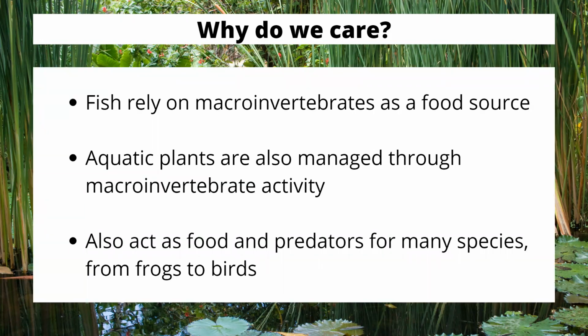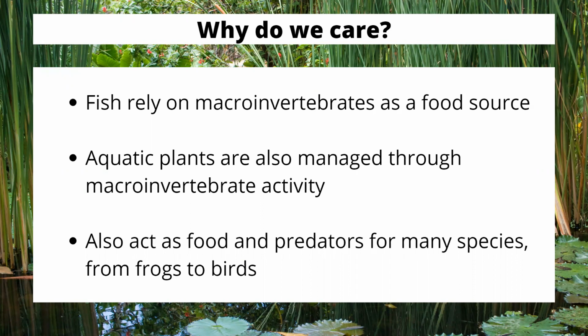So some of the things that they also do, in addition to acting as a food source, in addition to just keeping some of those biological processes going, they also help manage our aquatic plants. Now, we really appreciate this because that means that our weed populations are going to be controlled by different insects who may be consuming those plants.